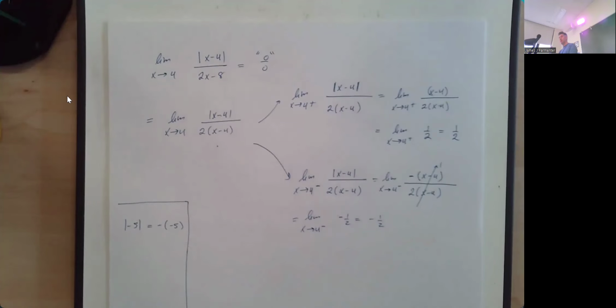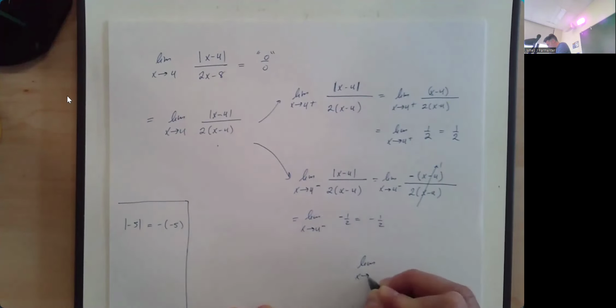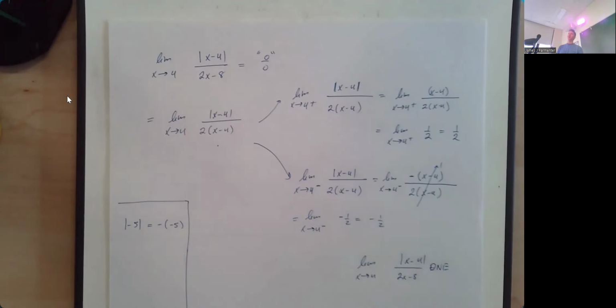So this limit doesn't exist because the left-hand side and the right-hand side are not the same. The limit as x approaches 4 of the absolute value of x minus 4 over 2x minus 8 is equal to, I don't like to write equals, does not exist. It's not like a crime to write equals does not exist. I just feel like it's simple.